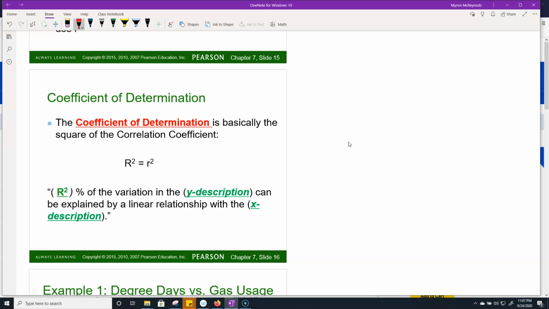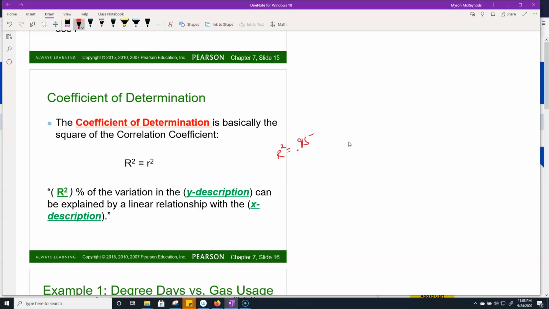R squared percent of the variation of Y can be explained by the linear relationship between the two. So if you have a really high R squared, like say R squared was 0.95, that's super high. That means 95% of the variation can be described by their relationship.